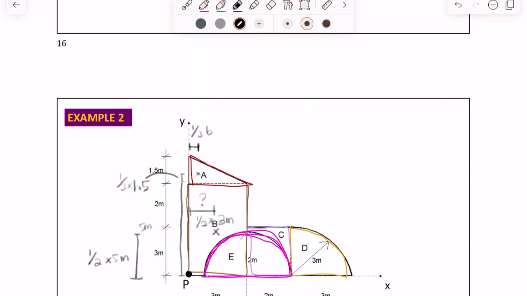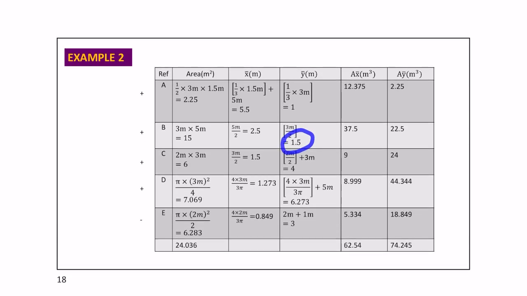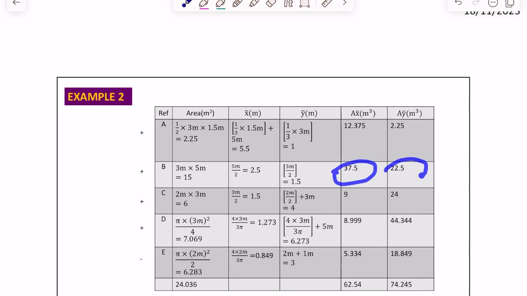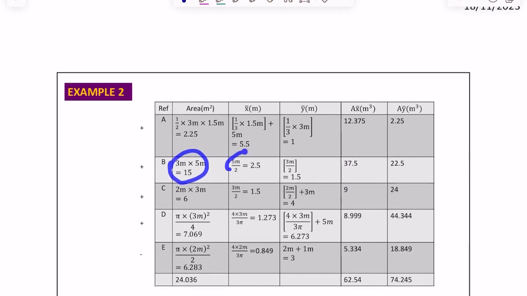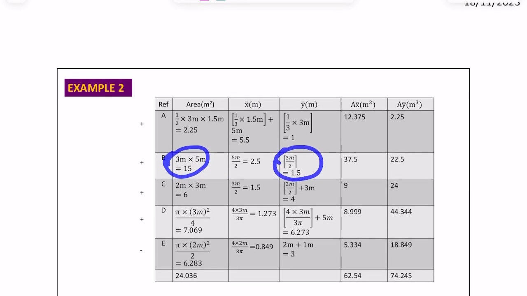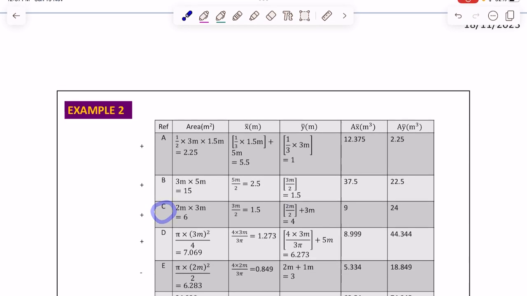It is 1.5 meter. And get the AX bar and AY bar by multiplying the area with the x bar and multiplying the area with the y bar. For the next section, section C.